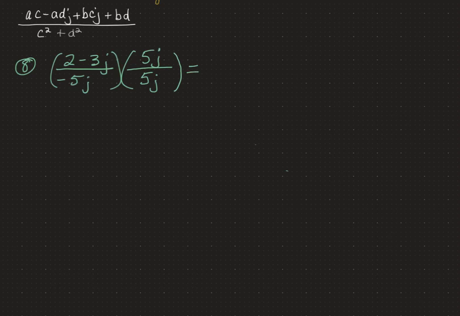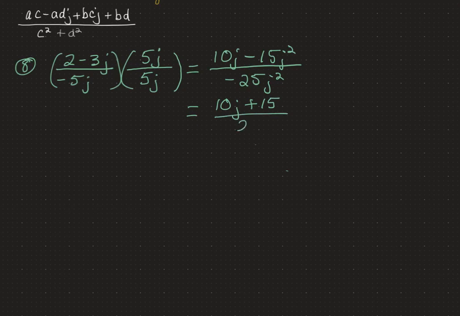Distributing once again, we will get 10j minus 15j squared, and that's going to be a negative 1 there. Okay, on the bottom we have negative 25j squared. Once again, that j squared is going to change the sign in the denominator. So we have 10j plus 15 over a positive 25.